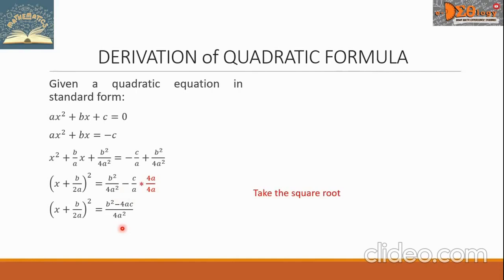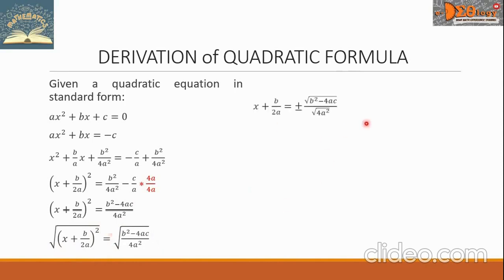The next step is to take the square root of both sides. And let us simplify this equation. For the left side, this big square root is cancelled out with that exponent 2. While the right side, we're going to distribute the square root to the numerator and to the denominator.